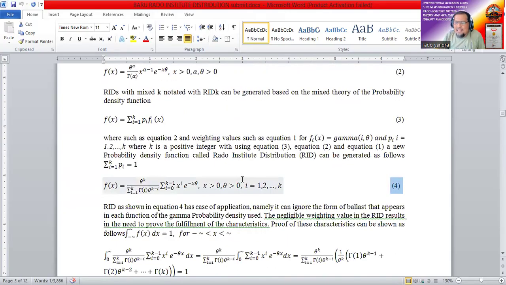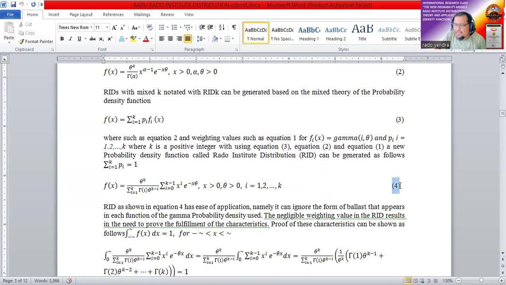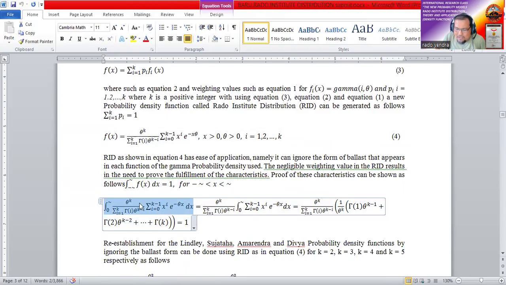To make sure the equation 4, or the density function of the Rama Indra distribution, is a good density function, of course, we must show that the integral of this density function from 0 until infinity must equal 1.